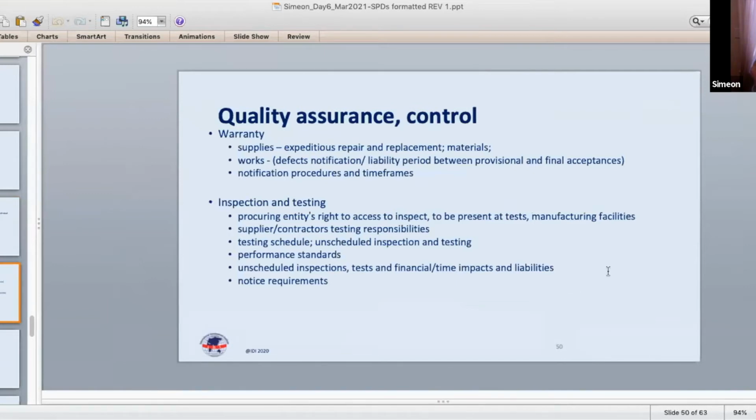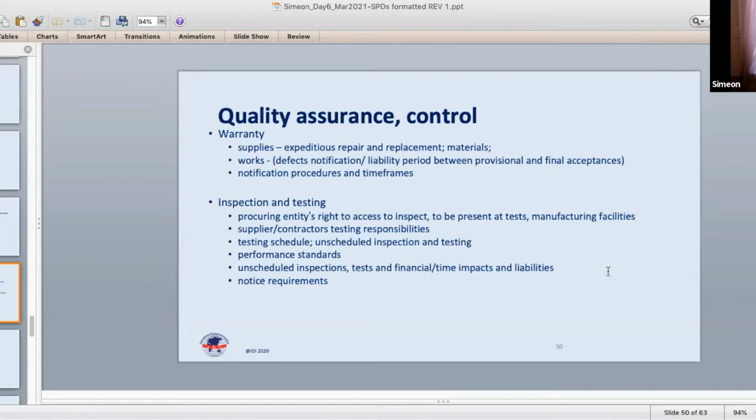These are warranty issues. Basically, the obligation of the supplier and the contractor, because they're in essence equivalent obligations, and that is basically the obligation of the seller or the contractor to fix whatever problems there may be in the contractual performance.